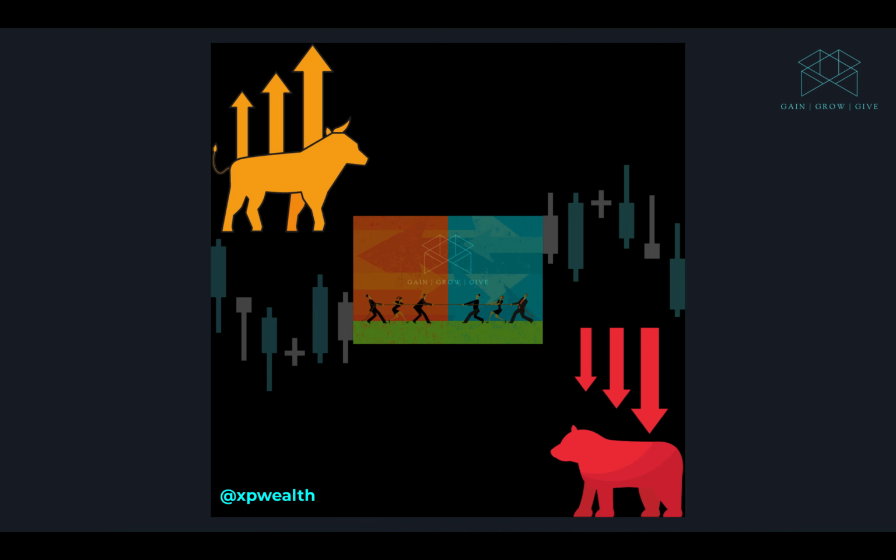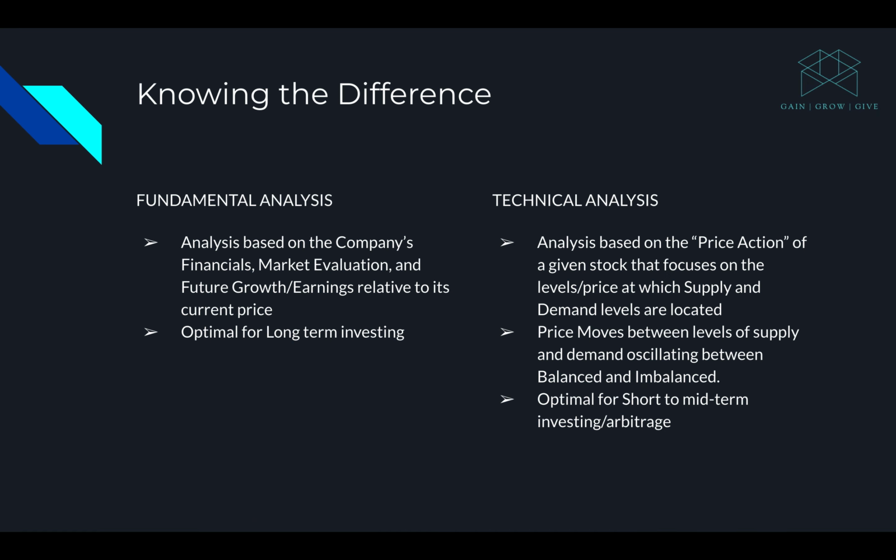Pretty much what you see on a chart is literally a tug of war between these two entities, and you have people in the middle who are indecisive, I guess. I want to drill this idea into your head. Think of two sides. Think of tug of war. Think of balance and imbalance, okay? I've put this picture in this presentation more than once because I really do want to get this idea drilled into your heads.